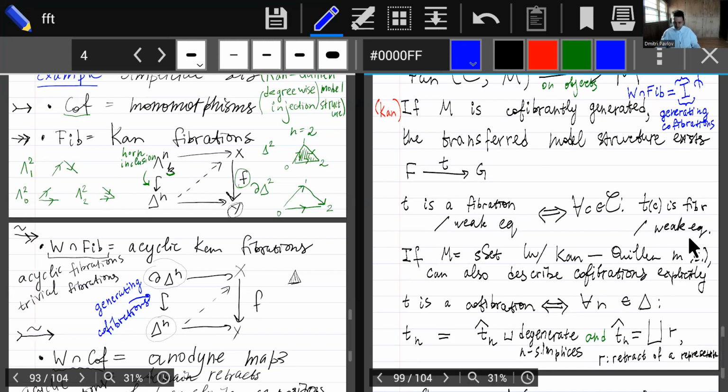And cofibrations will typically be more difficult to describe, but in some cases it is possible to describe cofibrations explicitly. And one of such cases is the projective model structure on simplicial presheaves.